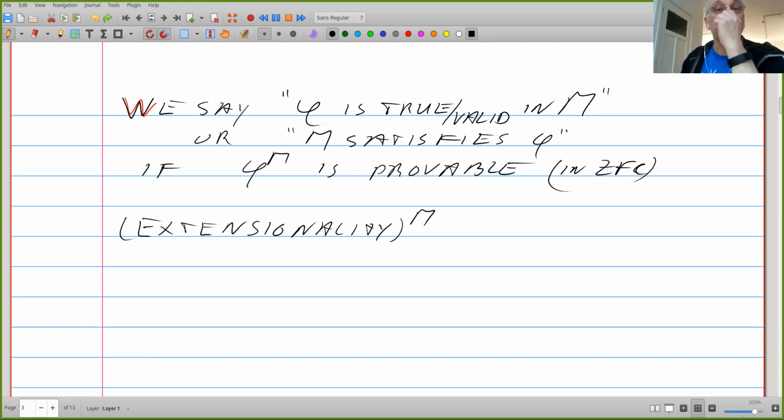That's one of the easiest formulas to write down. If we translate it, if we put the M on top of it, we get this.